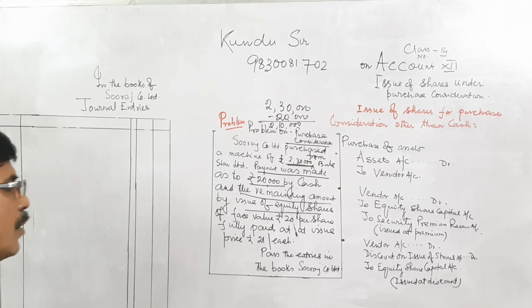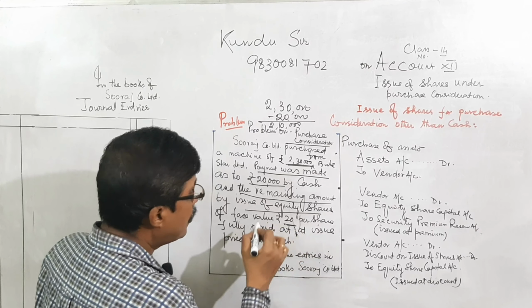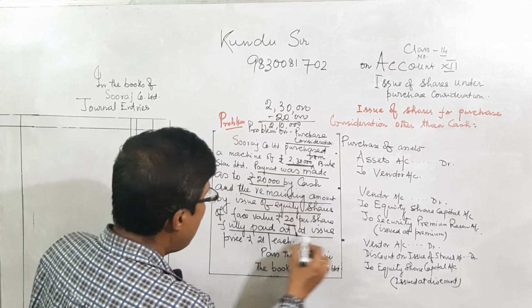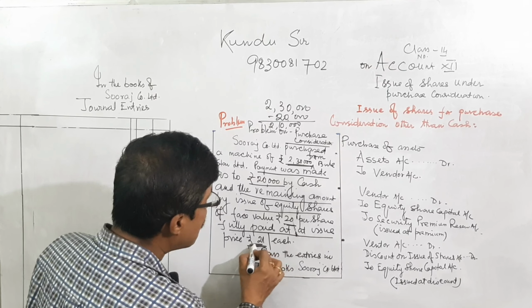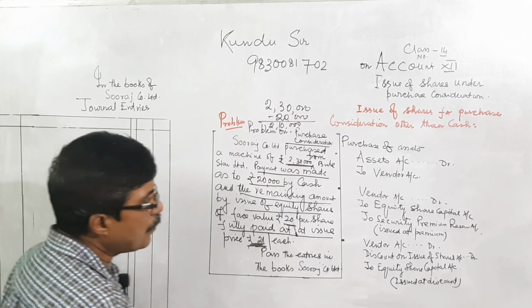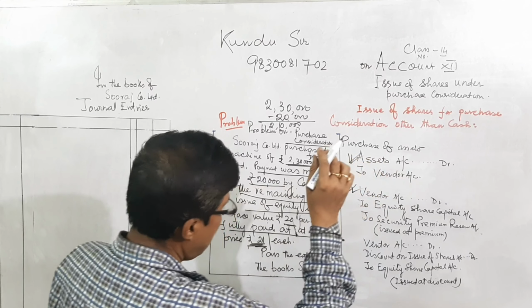The face value of the share is 20 rupees, and the company is issuing these shares at 21 rupees per share, that is at a premium. For the premium, this entry and this entry we have to consider.